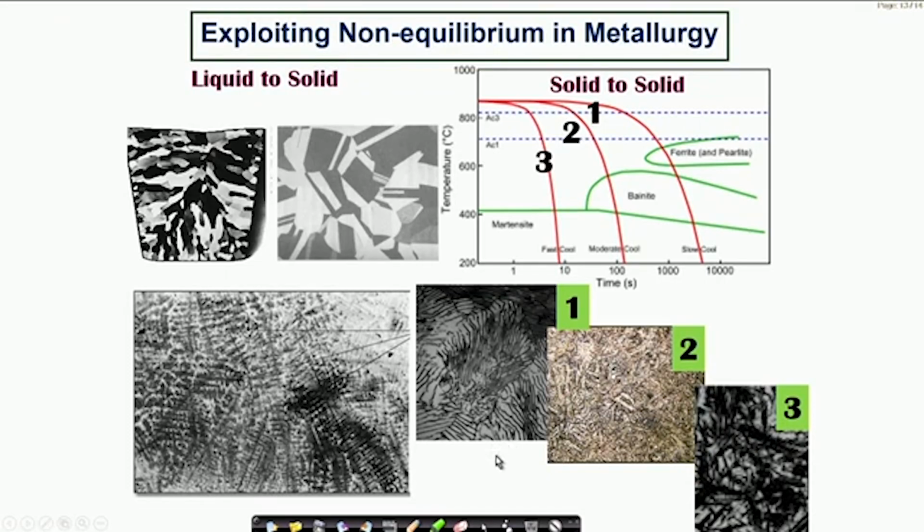Simply going by the mechanical property, one can easily understand that mechanical property would significantly differ from 1 to 2, 2 to 3, just because of differences in microstructure from the same composition of the same alloy.